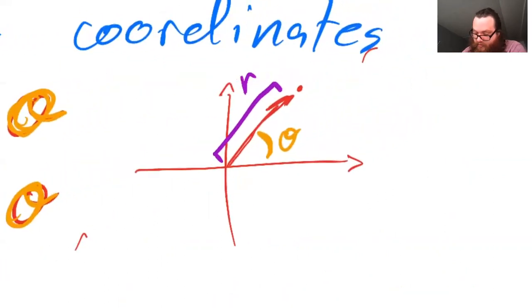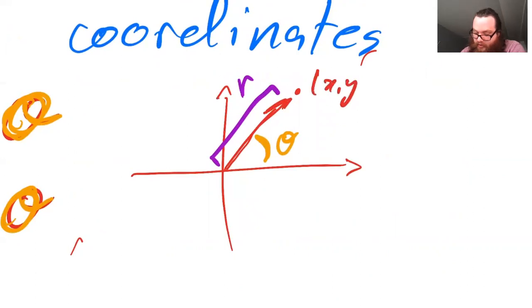Zooming in for a second here, if that dot is the point x, y, in our Euclidean coordinate system, x units to the right, y units up, we can either express it in terms of x and y, or, if we draw a vector connecting the origin to the point that we care about, we can compute the angle between the vector and the x-axis, as well as the radius, or the length, of that vector.